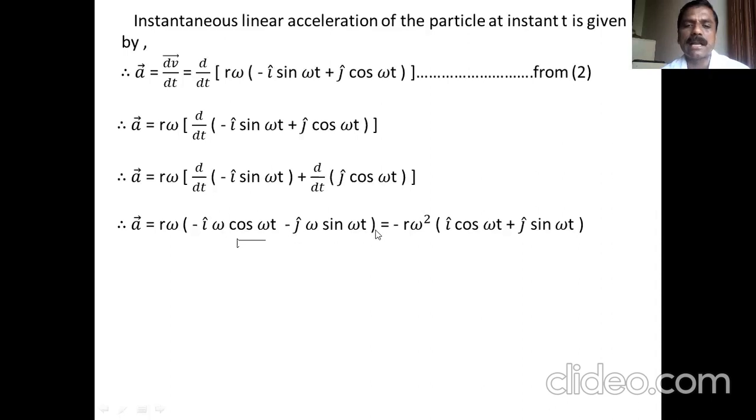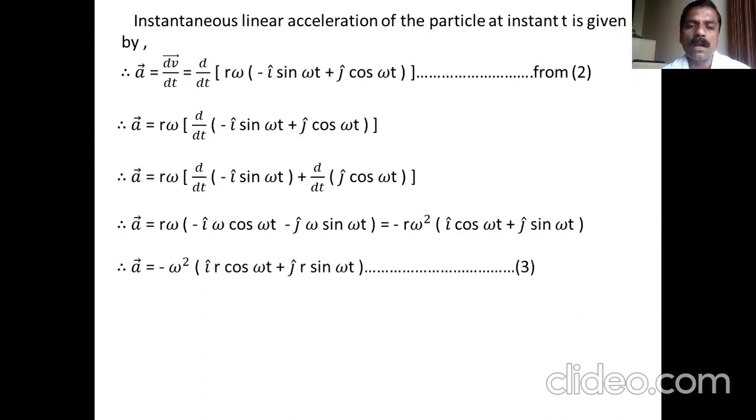So this equation can be written with the negative sign taken as common, minus R omega square, and in the bracket you will find i cap cos omega t plus j cap sin omega t. Now small r is taken inside the bracket, so only minus omega square is kept outside. So r gets multiplied with this factor and this factor also.